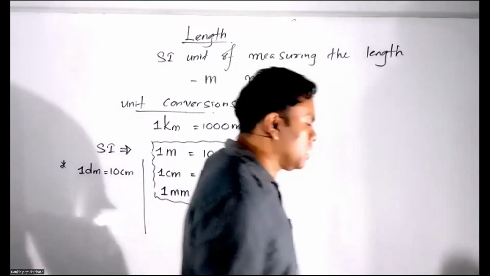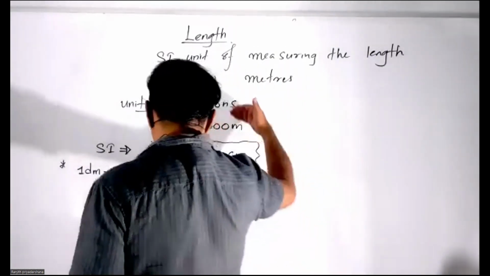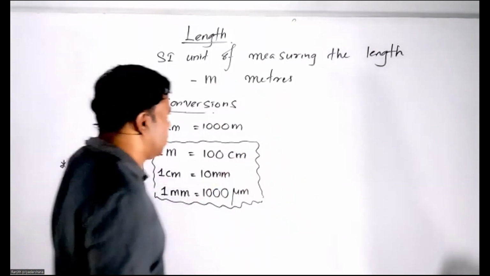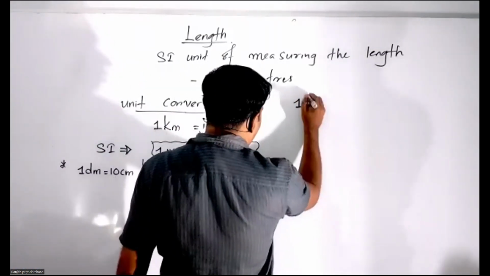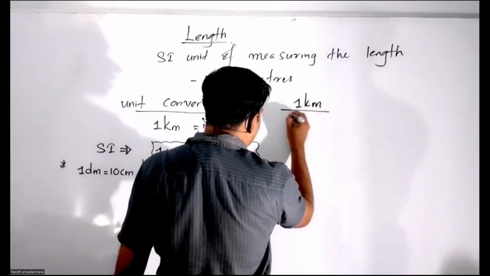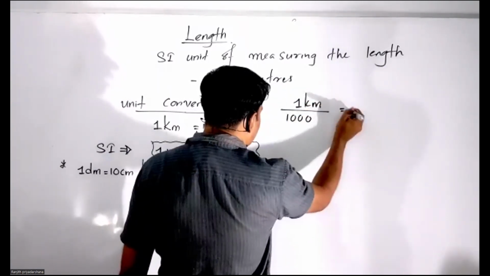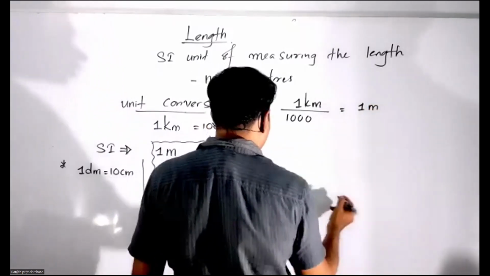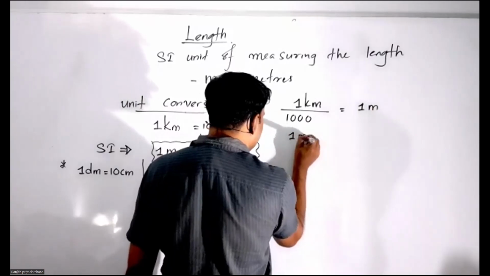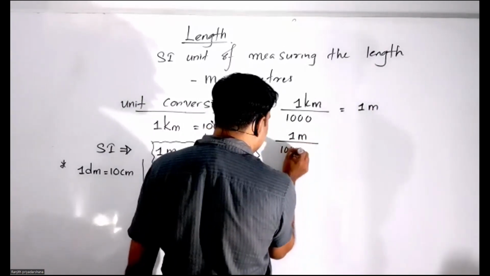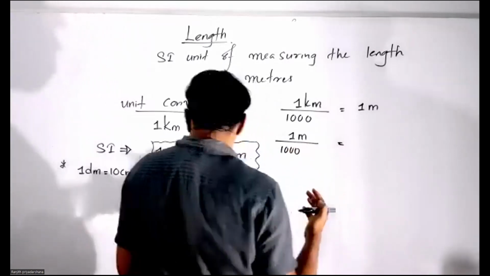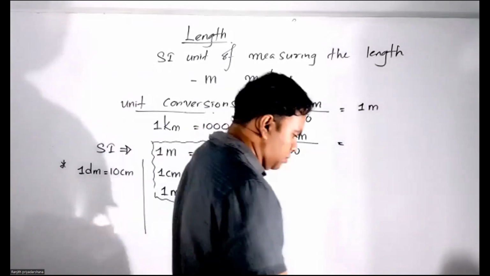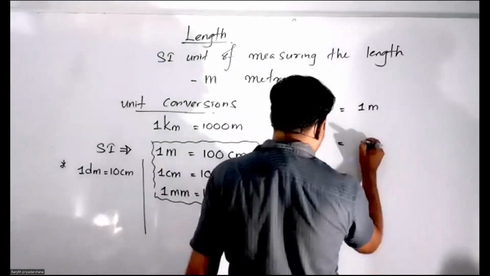As you can easily understand, I'm going to write down the subunits of the meter scale in this way. 1 kilometer is divided into 1000, and you end up with 1 meter. Again, you divide 1 meter into 1000, and you end up with 1 millimeter. Centimeter or millimeter? Millimeter. Good.